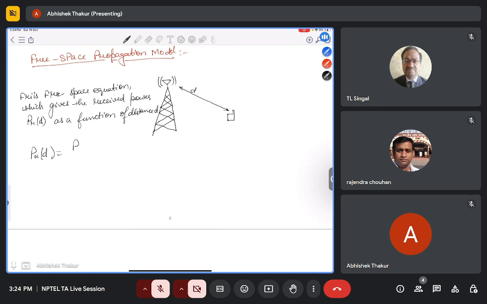In this case, the received power is Pt Gt Gr lambda square divided by 4 pi square d square L. So what are these terms? The first term is Pt, that is the power transmitted by the base station.